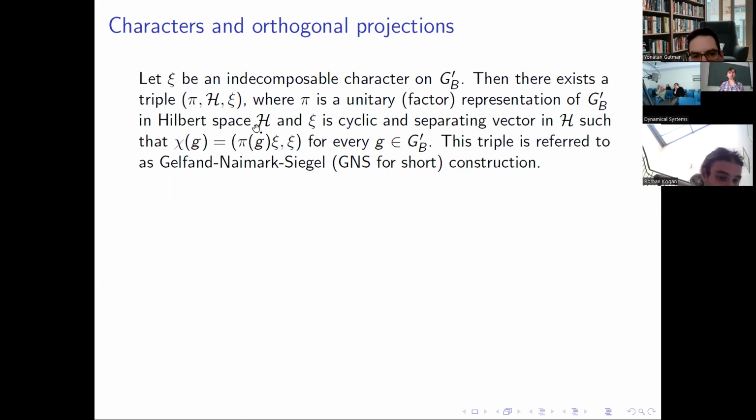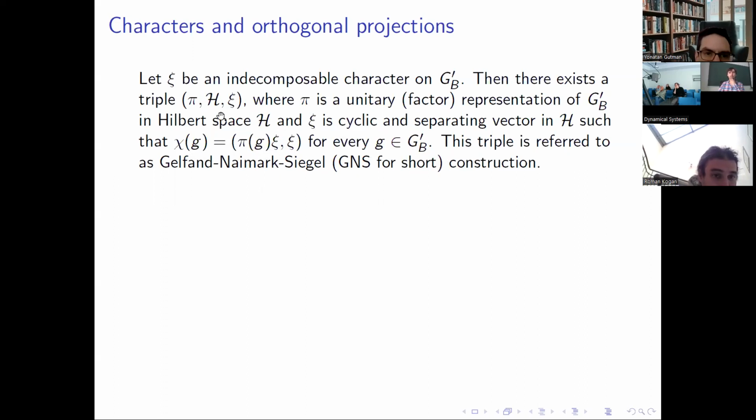This probably looks very familiar, but before we talked about this only in the particular case when the character chi is obtained from a measure.